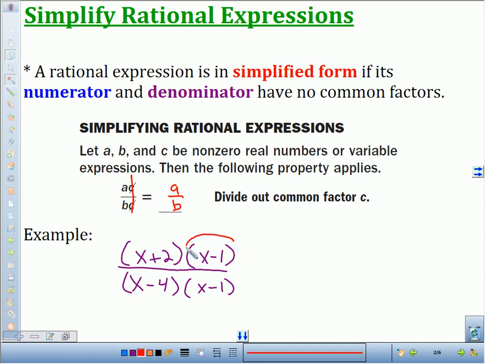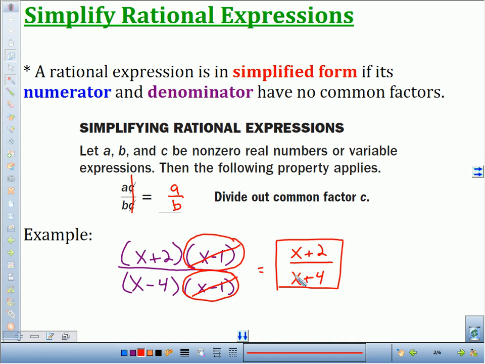I have an x minus 1 on top and an x minus 1 on bottom. Those two will cancel each other out, leaving me with just x plus 2 over x plus 4. And this is the simplified form.